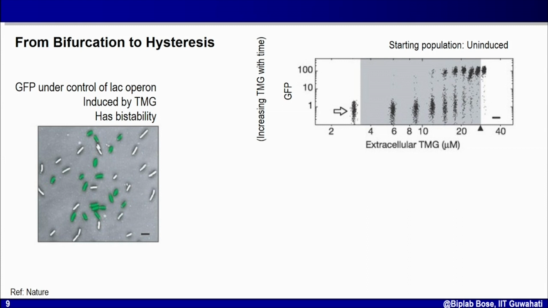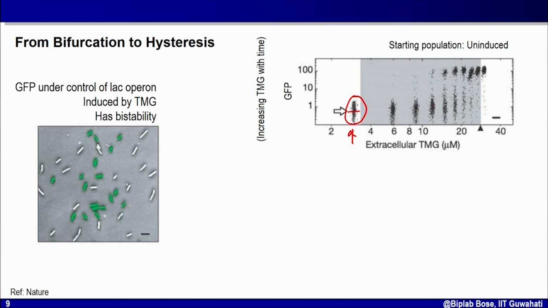Then they keep on increasing the amount of TMG, the inducer, in this flask. Initially they added this amount of TMG, maybe 3 micromolar, and then they measured the GFP intensity in a population of cells. Here the data is shown as dots, each dot representing one cell. You can see on average the value of intensity is somewhere here.